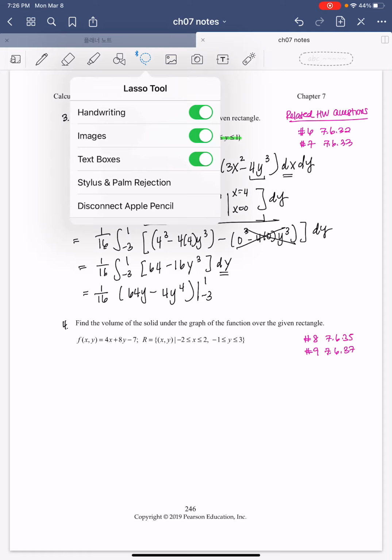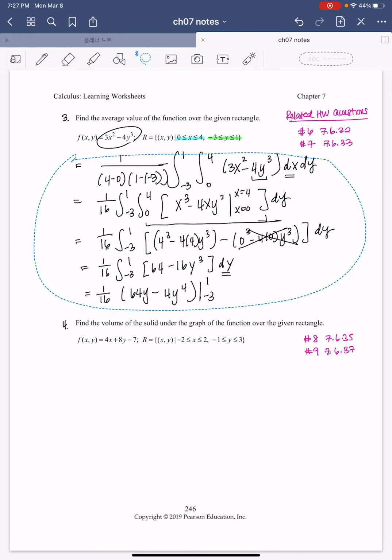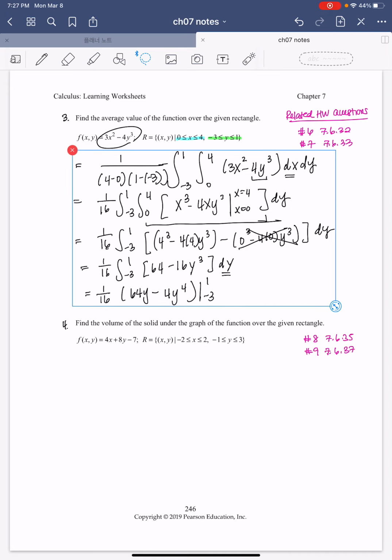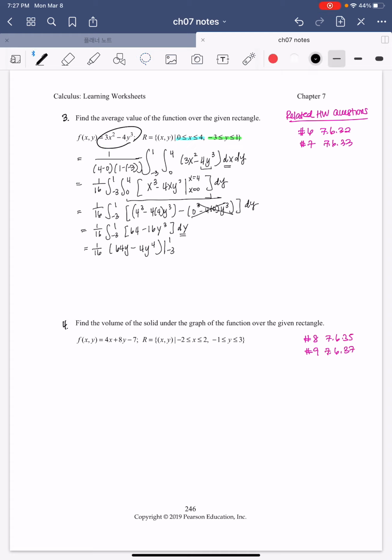Let's keep going. I am running out of space, so let me even make it smaller so we can all fit here. So 1 over 16, 64, 1 minus 4, 1 cubed, minus 64, negative 3 minus 4, negative 3 to the fourth power.